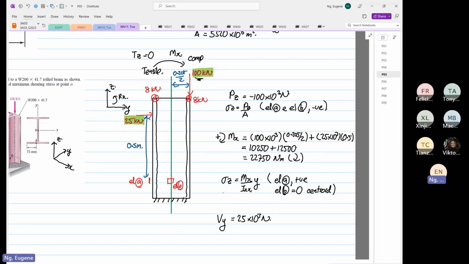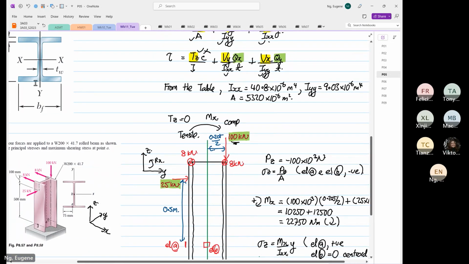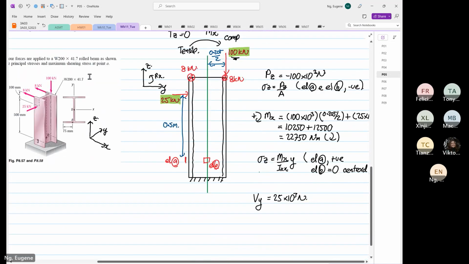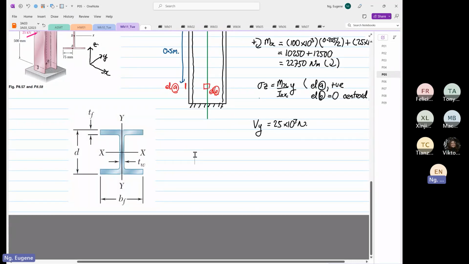Because now we have to go into thin wall analysis. Okay, so let's see what I mean. So if we go over here, right, the shear we have to be very, very careful.